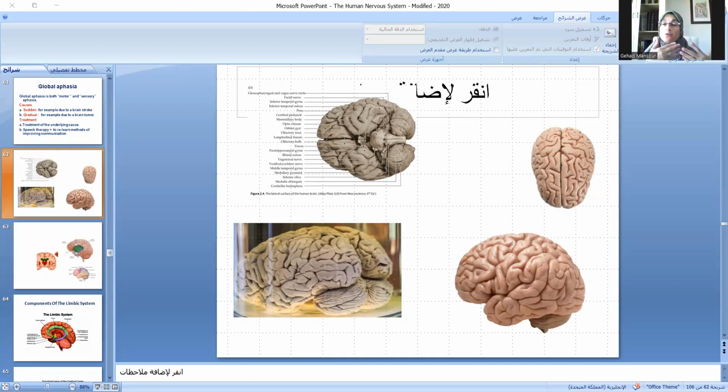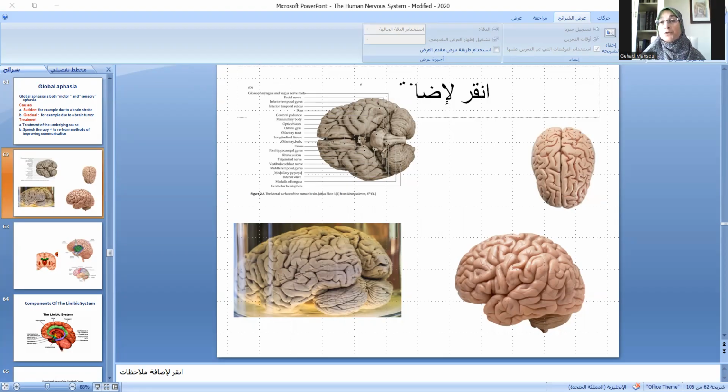Of course, the more surface area, the more neurons and nerve cells you have. That's why those gyri and sulci are very prominent in human brains, because humans are the most highly developed vertebrates.